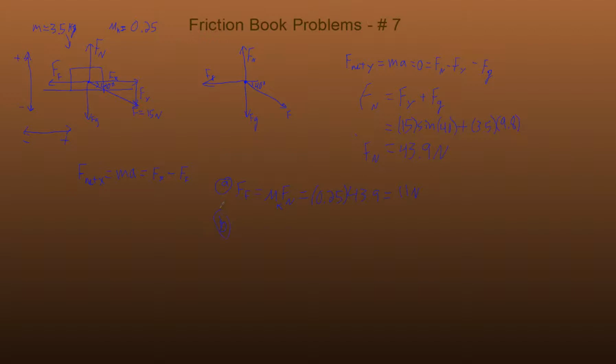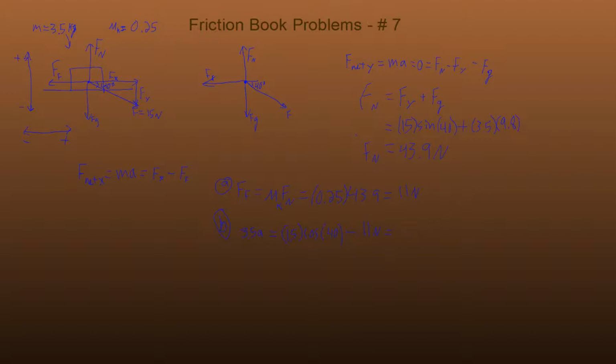Part B is looking for the acceleration. That's this right here. And so we can plug in the rest of this stuff into our net force equation in the x direction. We know the mass is 3.5. So 3.5a equals Fx. Fx we know is adjacent to the 40 degrees, so that's going to be 15 cosine 40 minus, we just found that, 11 newtons. The force of friction is 11 newtons.